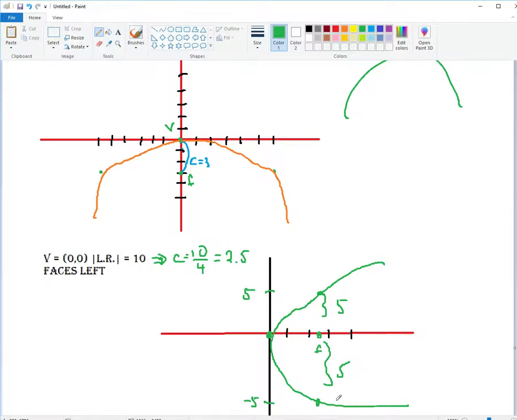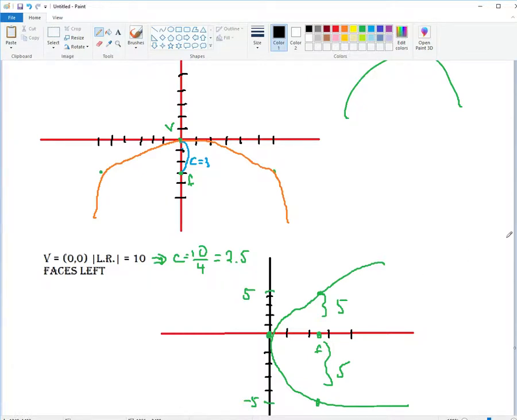Not very accurate, but if I do it on a grid, 1, 2, 3, 4, 5. So this is how we quickly sketch a parabola given the information that we are given.